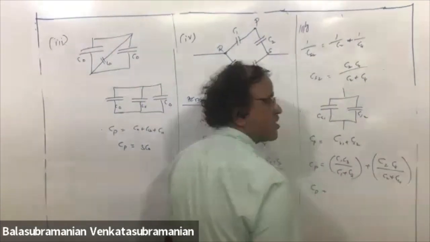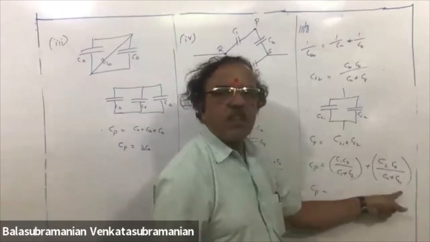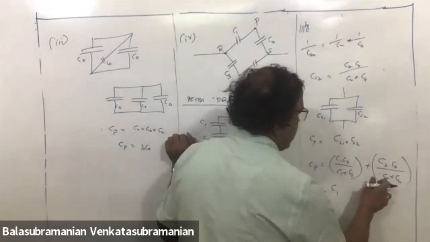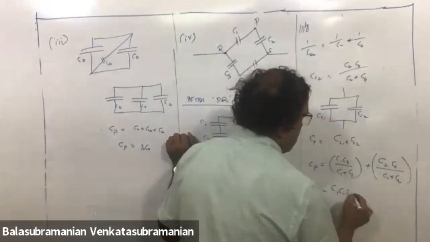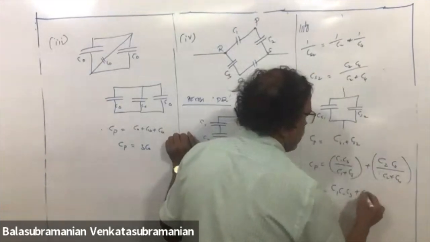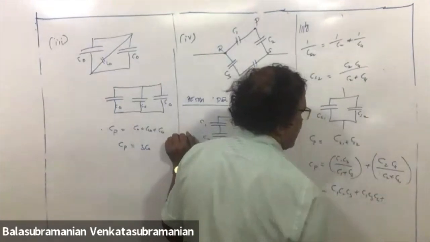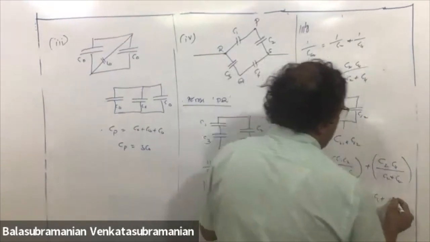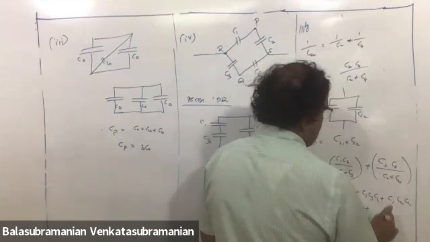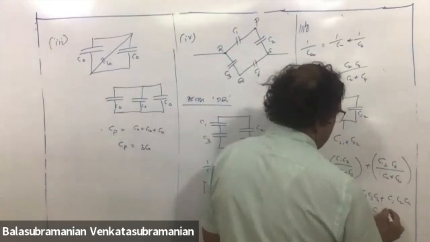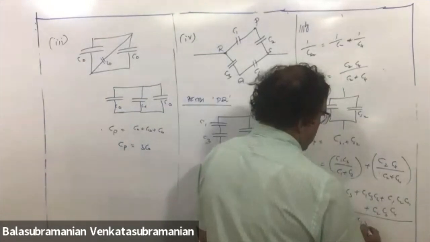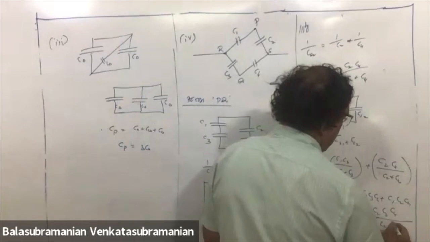Similarly, cross multiply this, divided by these two. C1 C2 C3 plus C1 C3 C4 plus C1 C2 C4 plus C2 C3 C4, divided by C1 plus C3 into C2 plus C4.